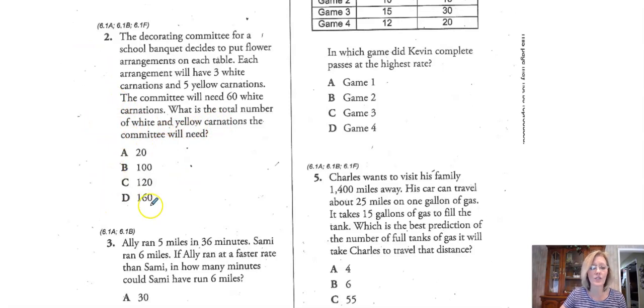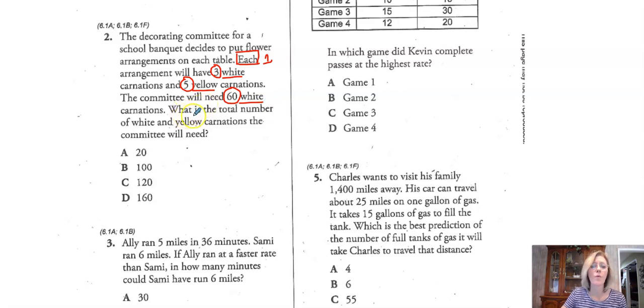We're not going to do any work until we've thought this through, okay? So we know that each arrangement, each in this case is going to be a 1. So 1 arrangement will have 3 white and 5 yellow, and carnations are just a flower. So 3 white flowers, 5 yellow flowers. The committee will need 60 white flowers.